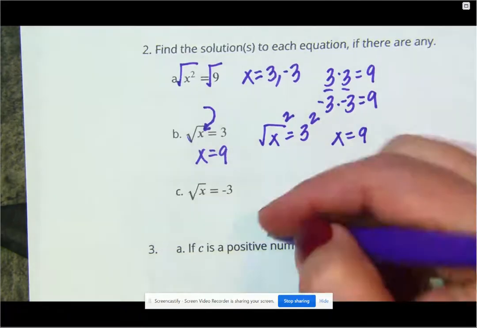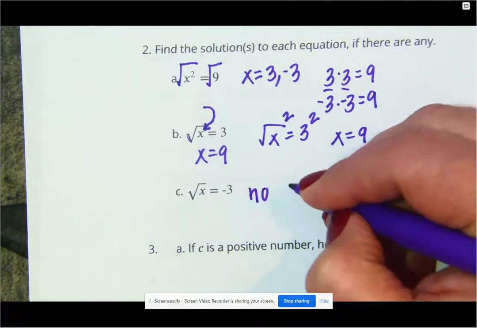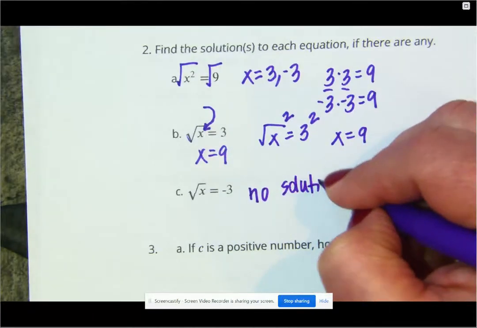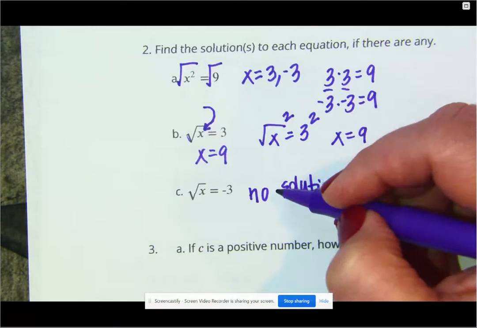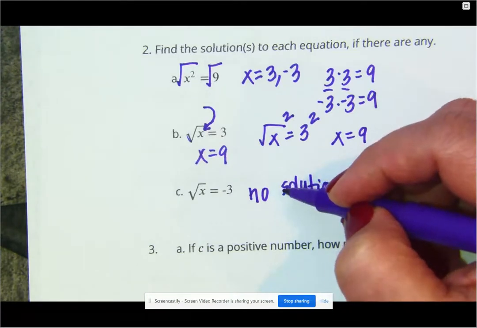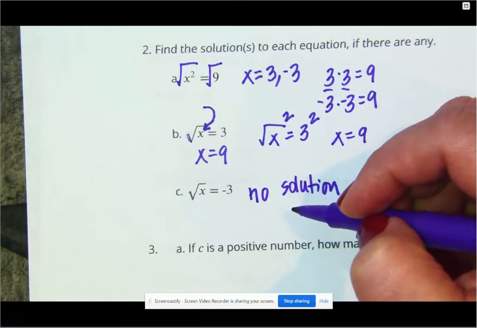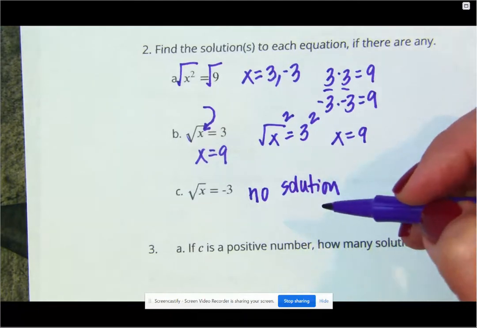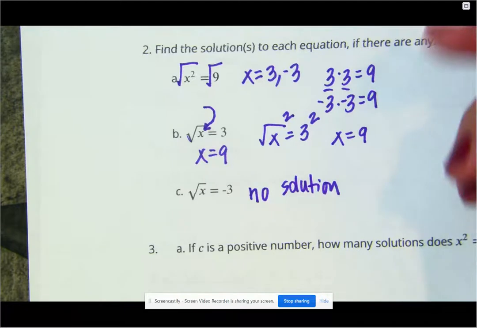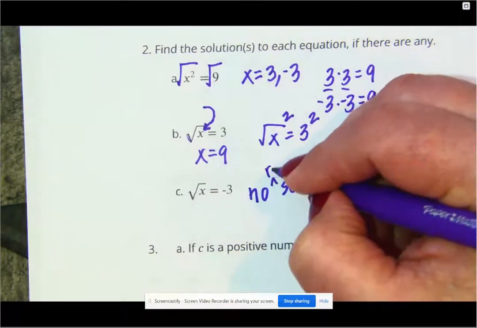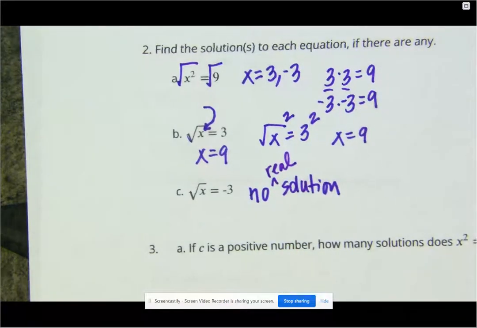So this one has no solution. And eventually we're going to expand this to say no real solution, because mathematicians did adjust this idea and they came up with a new set of numbers called imaginary numbers. So you could say no solution, or you could also say no real solution.